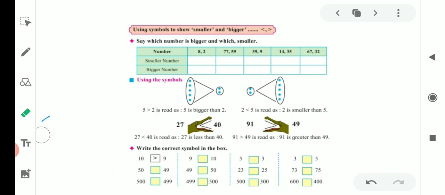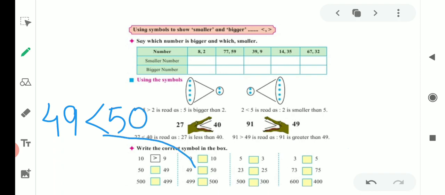Next is 49 and 50. So now which sign will come? 49 is smaller than 50. Write in this box. Why? The pointed end always faces towards the smaller number.